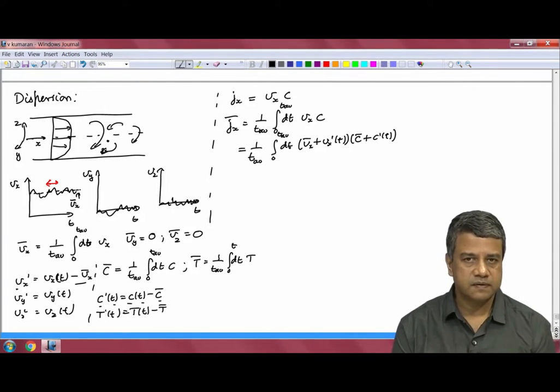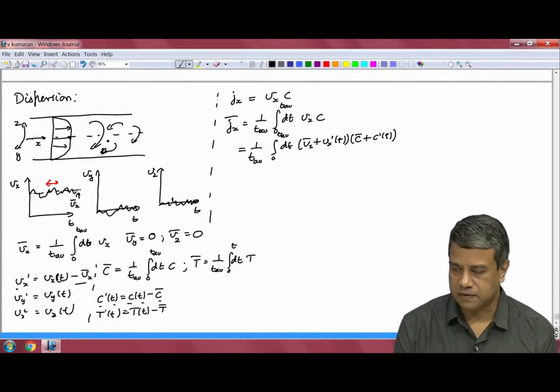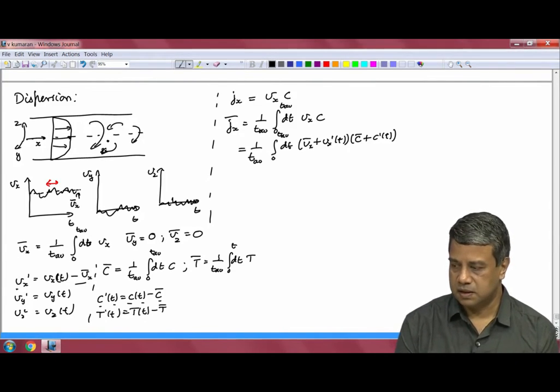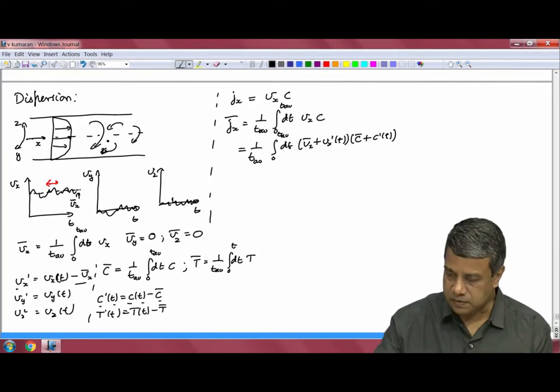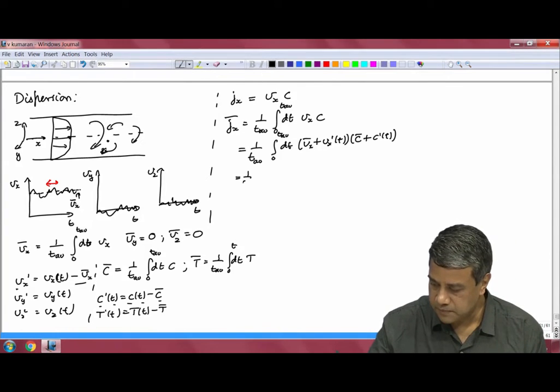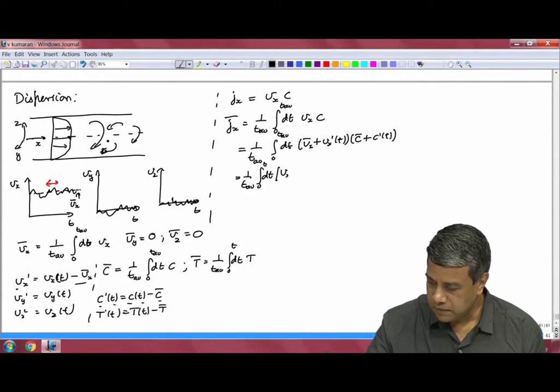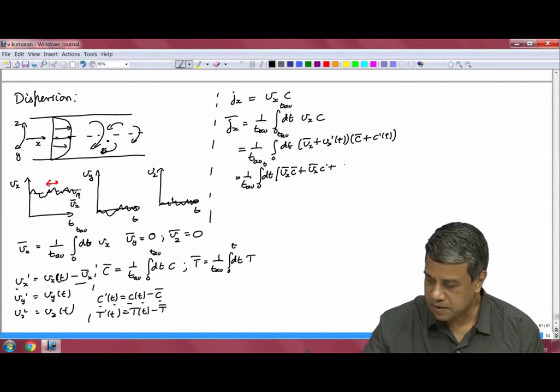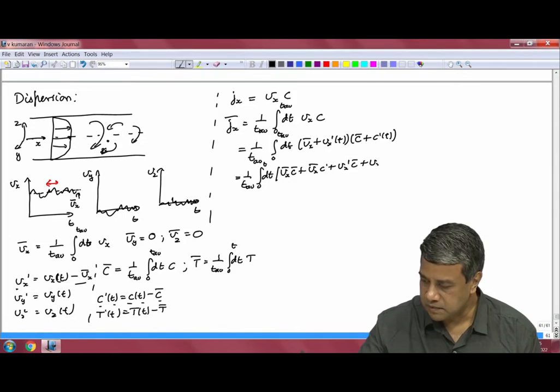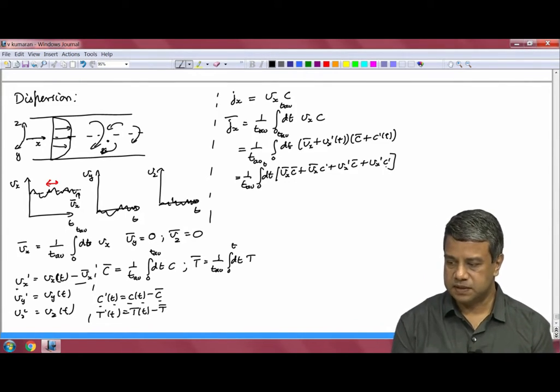That is the expression for the flux at a location. And you can see that this contains 4 parts: Vx bar C bar plus Vx bar C prime plus Vx prime C bar plus Vx prime C prime. Just expanding this out.